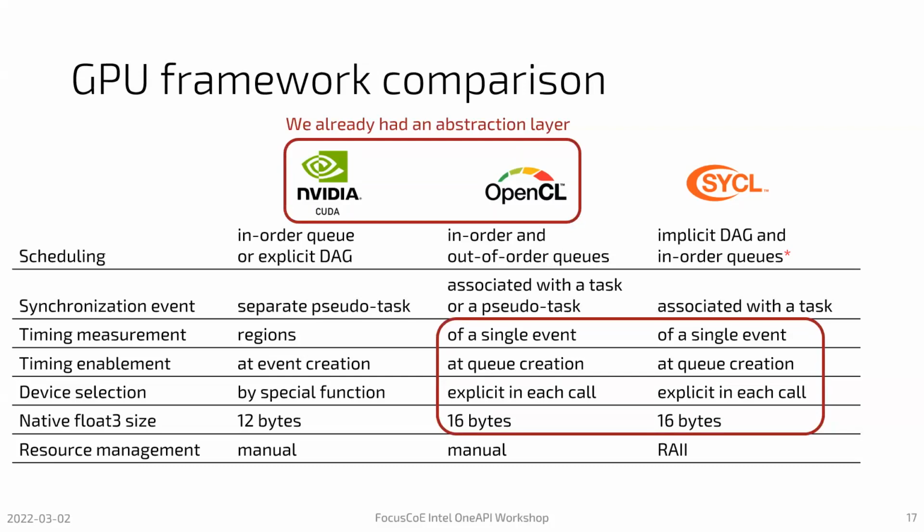We also had a nice compatibility layer for device selection, for controlling whether you want to enable the timings or not. So a lot of things we already had abstracted away nicely, and since SYCL was following the logical concept there, it was not an important concern.